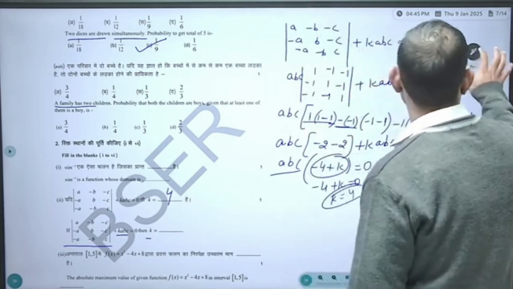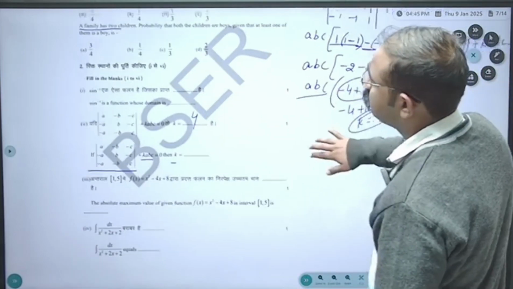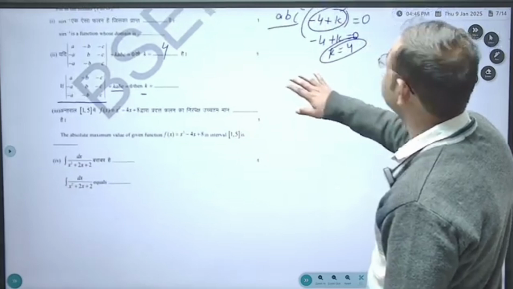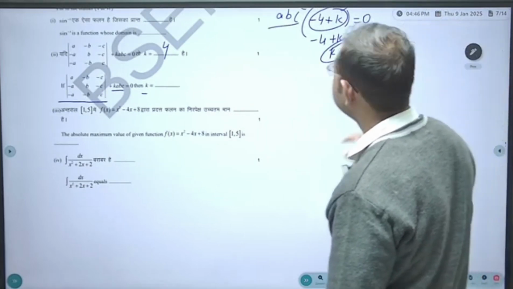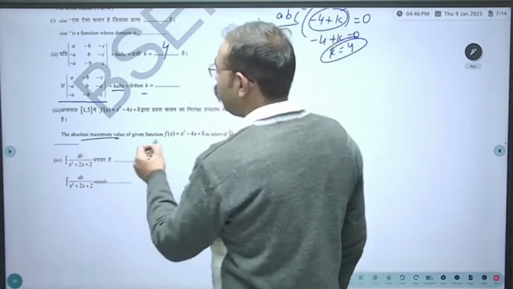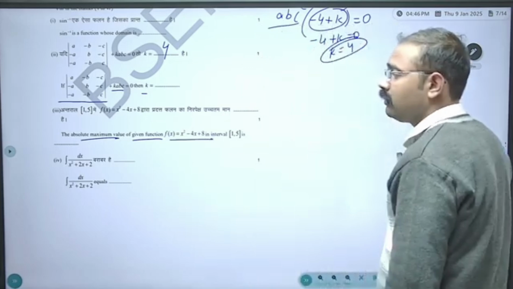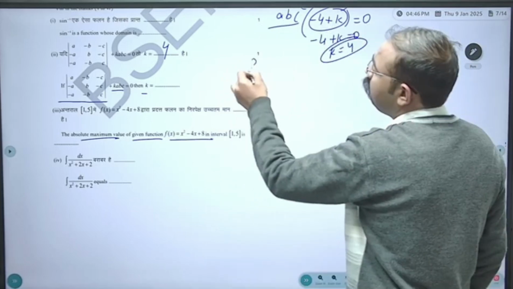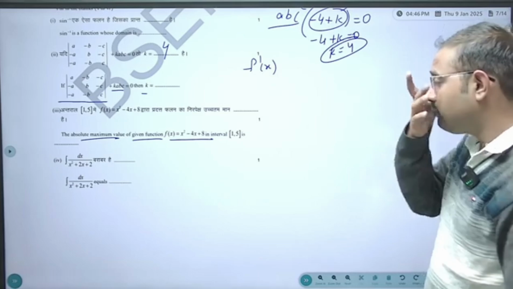Next is the absolute maximum value of the given function f(x) in the interval 1 comma 5. So first of all we will find f dash x for the absolute maximum or minimum value.